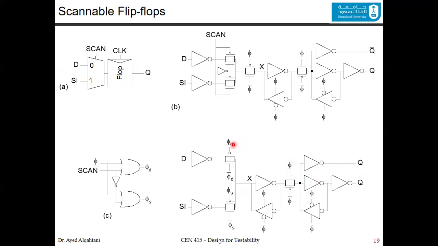Now, to get the value of phi D and of phi S, it is done by using this simple circuitry where you have a phi and the scan. If the scan is equal to 1, meaning this will be 1 and this will be 0.